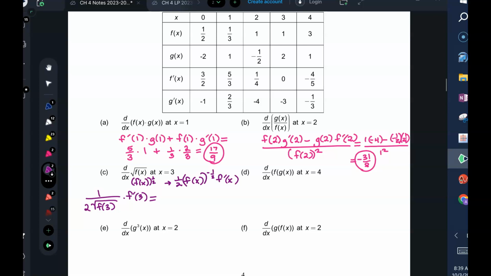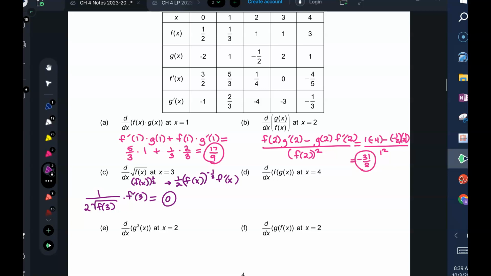It doesn't matter, since f prime of 3 is 0, I'm just going to get 0 anyway. When I'm simplifying, if you have a negative square root, I just put it in the denominator. Or negative 1/2, that is.